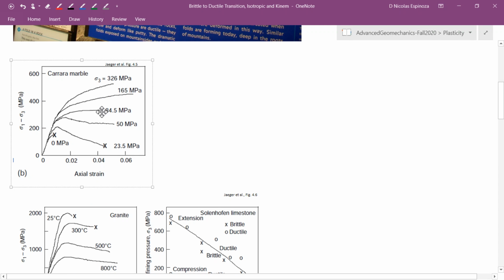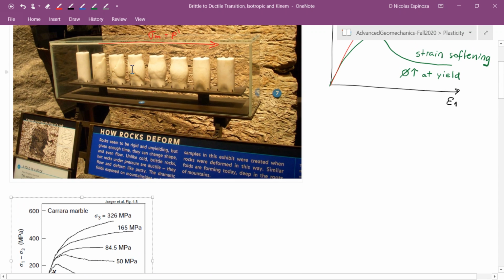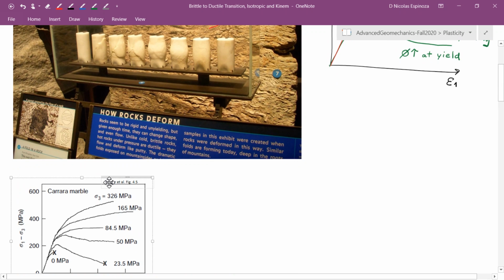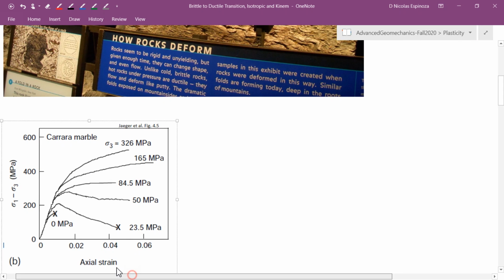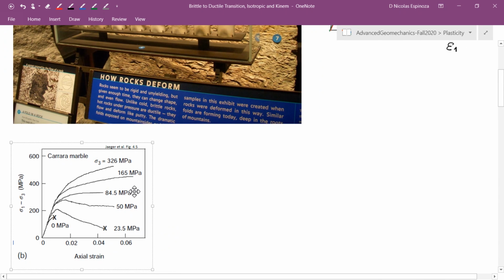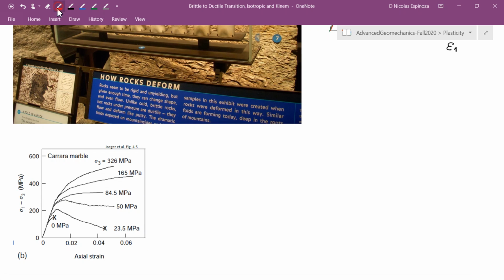And here you have actual data. It's not the same rock, but I guess it would be pretty similar because this also looks like a marble. And here we have a plot from the book of Jaeger, in which we have this transition from brittle to ductile with increasing least principal stress sigma 3 in a triaxial test.